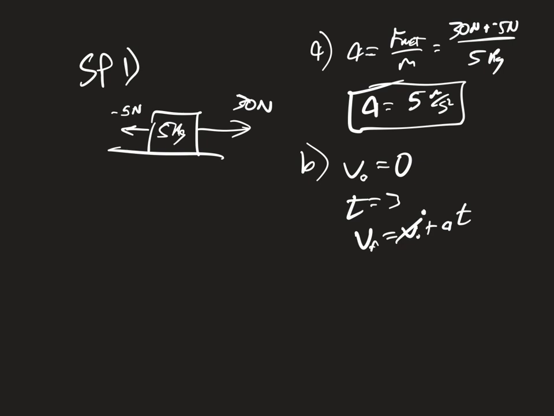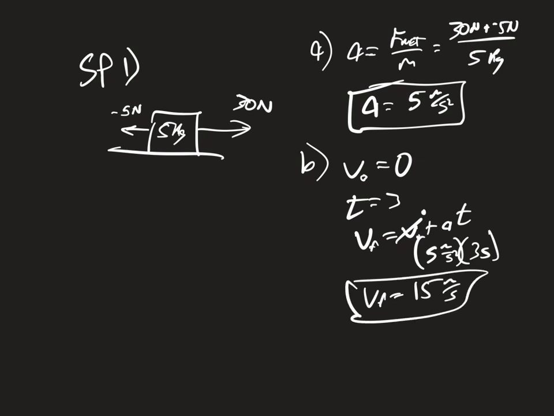A we found in the first part is 5 meters per second squared. Time is 3 seconds. And we end up with V final equals 15 meters per second. So after 3 seconds, it will have accelerated to 15 meters per second.